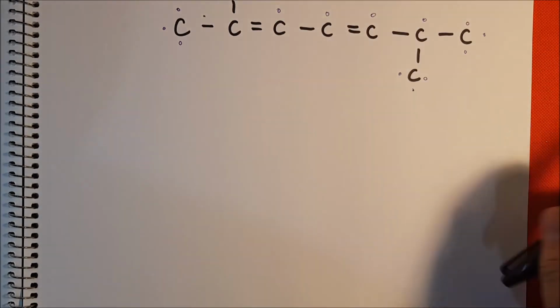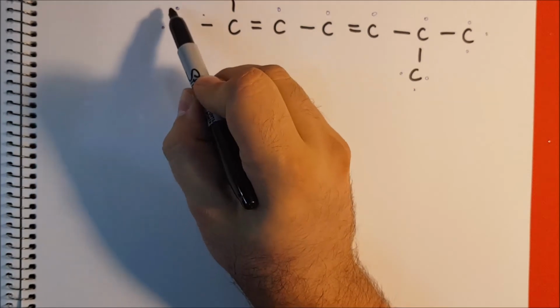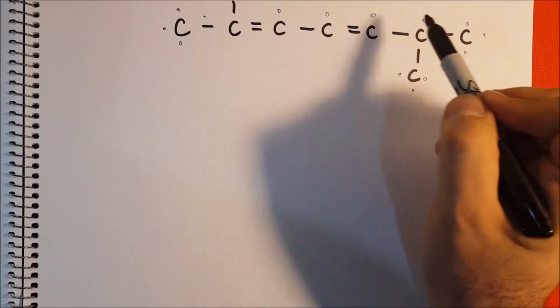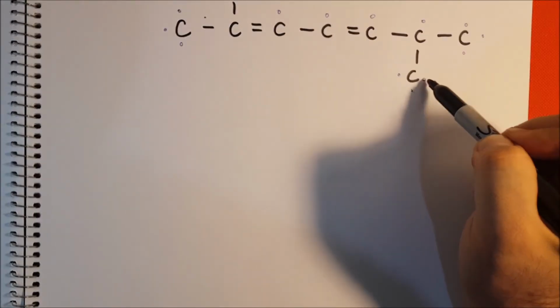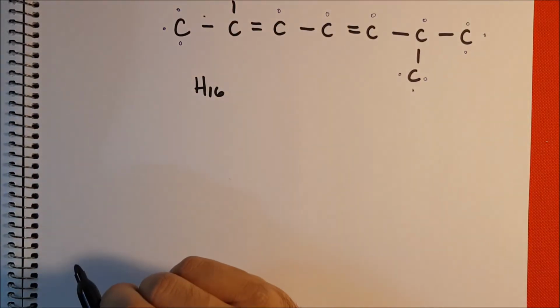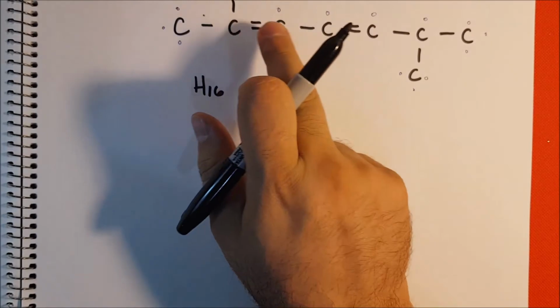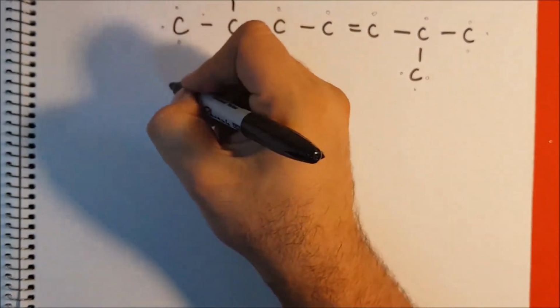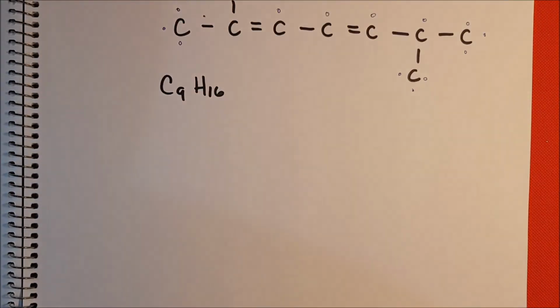Let's count our dots. 1, 2, 3, 4, 5, 6, 7, 8, 9, 10, 11, 12, 13, 14, 15, 16. That's my amount of hydrogen. And then carbons, 1, 2, 3, 4, 5, 6, 7, 8, 9. C9H16. And now, let's see if this works out.